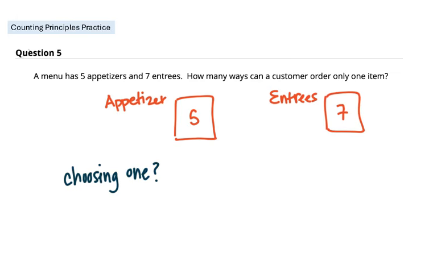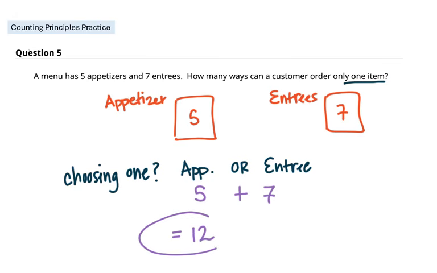So if I'm only going to order one item, I either order an appetizer or an entree. And remember, in math, or corresponds to plus. So there's 5 different appetizers, 7 different entrees. So I have 12 options of how I can order just one item off that menu.